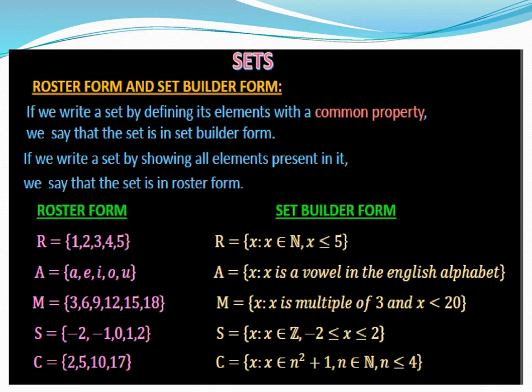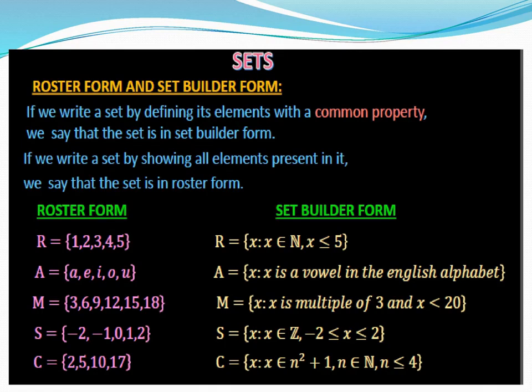Now the fourth example: S equals minus 2, minus 1, 0, 1, 2. So these are all which numbers? Yes, integers. Then we can write in set builder form S equals the set of X, where X is an element of S and belongs to Z, the integers, and we write the condition.